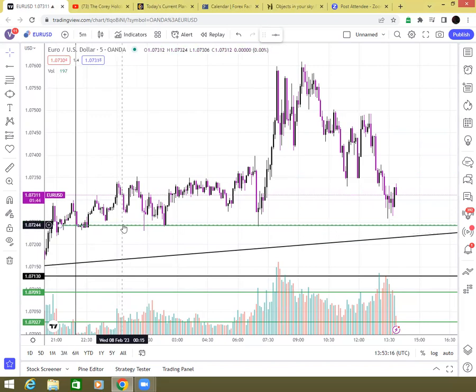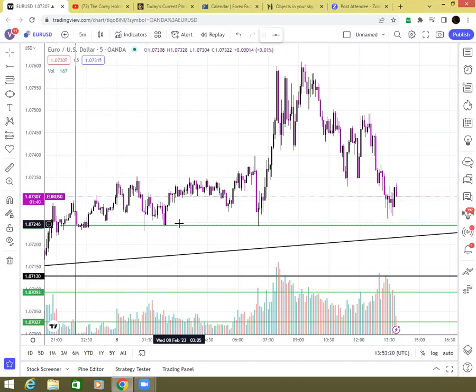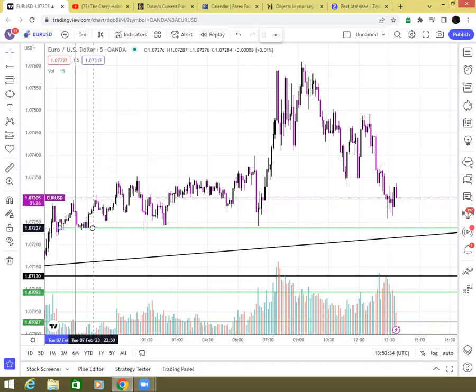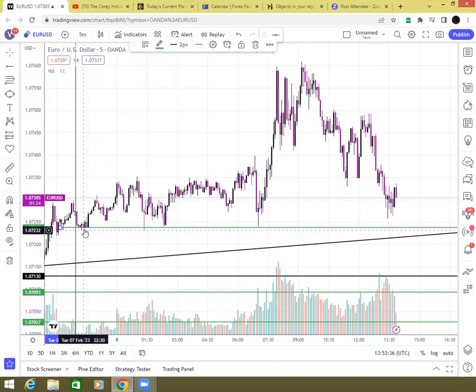So with that being said, this area right here will show a level of importance, because as soon as the market opened yesterday, it showed that this area right here, I can even bring it down a little bit, was pretty important. And it respected it because it didn't break it.